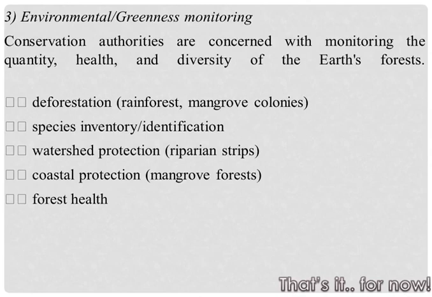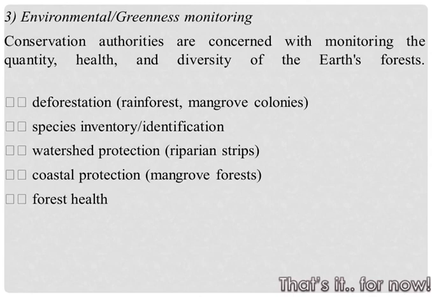If you go for the environmental greenness application of that GIS processing, firstly comes the deforestation. As I've discussed, if you are going to the green tsunami and many other kinds of national or international organizations are going for afforestation. So either they are rainforests or mangrove colonies, they can be better inventoried and then assessed and then reforested.